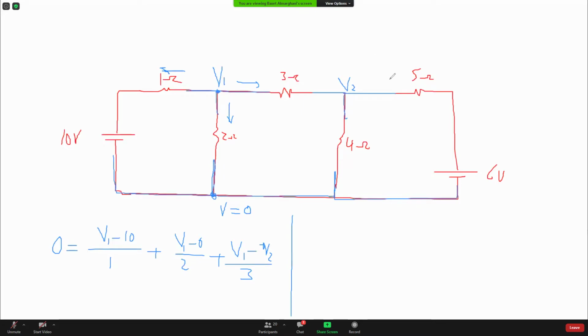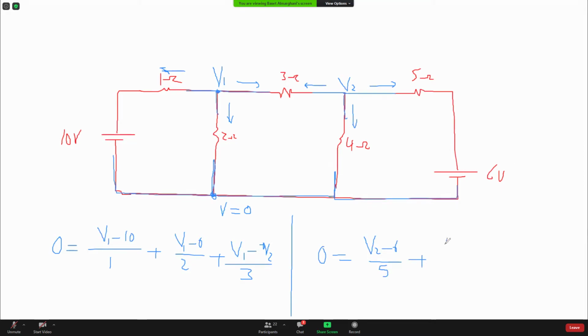Now the second node, I can assume the same thing. Currents are leaving because I don't know the currents. So here, this one is V2 minus 6 divided by 5. So it's 0 equal to, because the currents are leaving, the first current, V2 minus 6 divided by 5. This is the first current, voltage divided by the resistance.